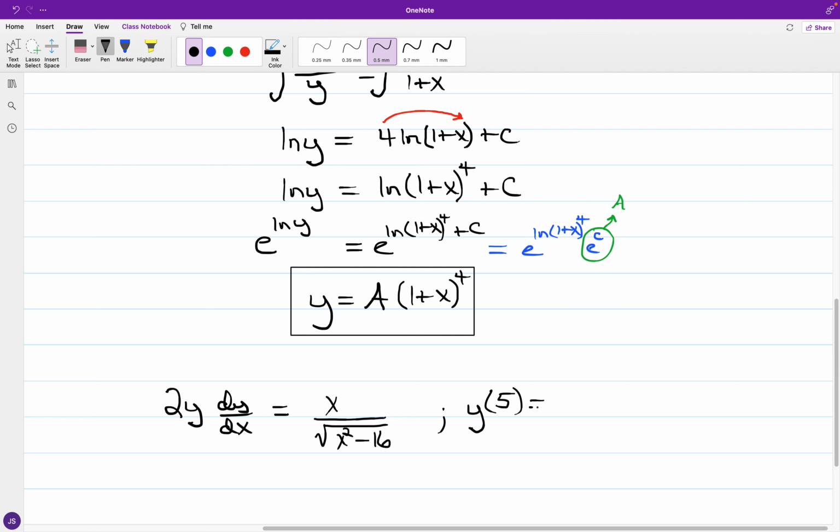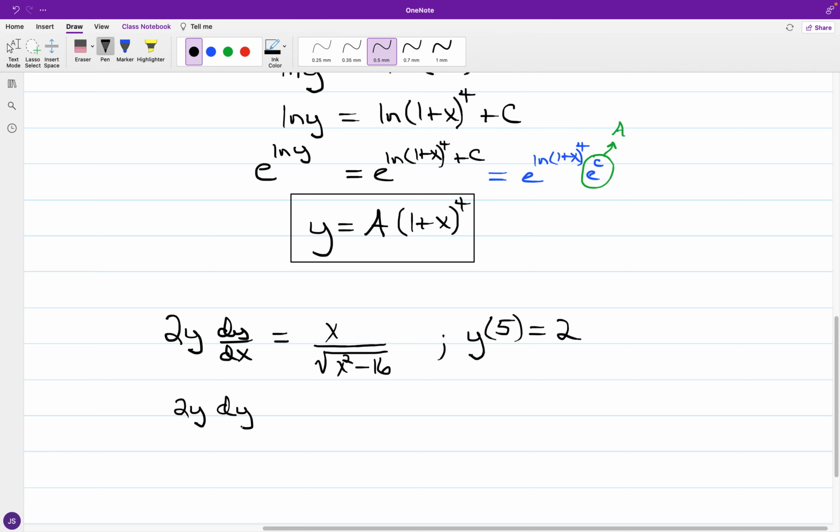And if we look at separating the variables, what I can do is multiply by dx. So we have 2y dy is equal to x over the square root of x squared minus 16 dx, and integrating on both sides.